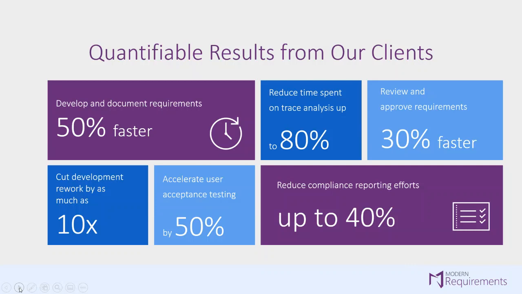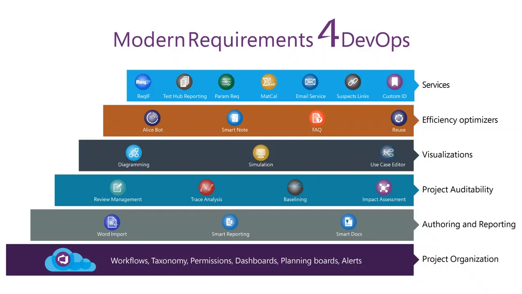Our clients have proudly reported the savings on this infographic to us. These are real savings based on automation, improved collaboration, and the addition of visualization to complement simply textual requirements. The tool provides many layers of functionality, with projects and permissions being set up in Azure DevOps itself.